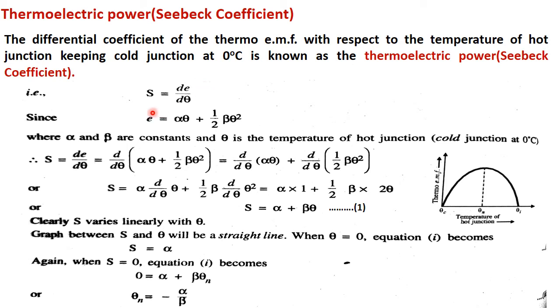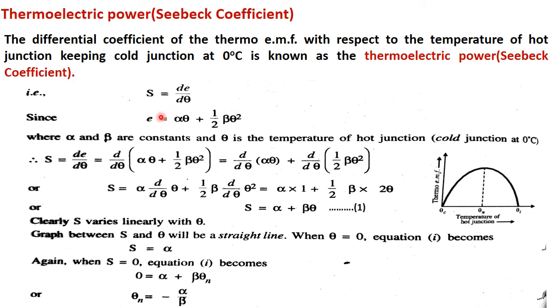Now, we know that the variation of thermo EMF with temperature can be represented by the equation E = αθ + ½βθ², where α and β are constants, θ is the temperature of hot junction and cold junction is at 0 degrees Celsius.